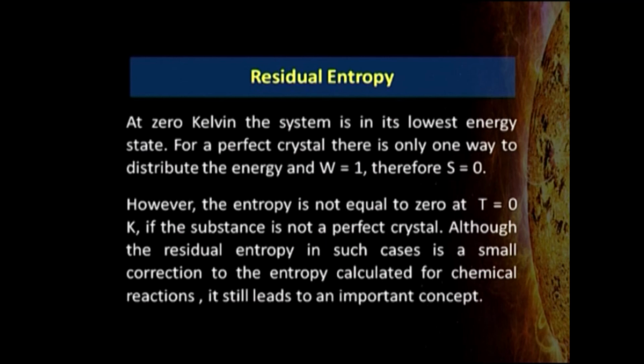However, the entropy is not equal to 0 at temperature equal to 0 Kelvin if the substance is not a perfect crystal. Although the residual entropy in such cases is a small correction to the entropy calculated for chemical reactions, it still leads to an important concept.